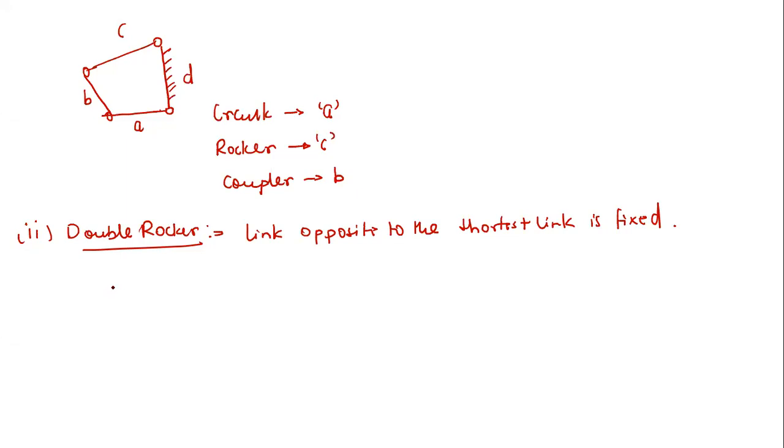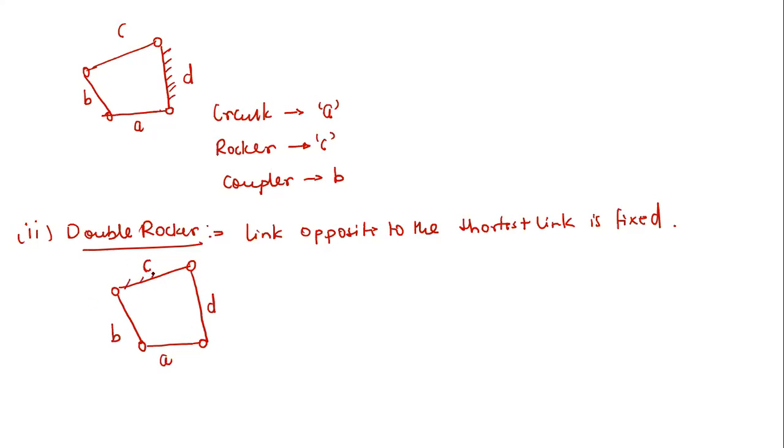So again, let us draw this mechanism. So A, B, C, D, right? Now I'm saying the link opposite to the shortest link is fixed, right? So this is your shortest link, and which one is the opposite link? The link C, right?